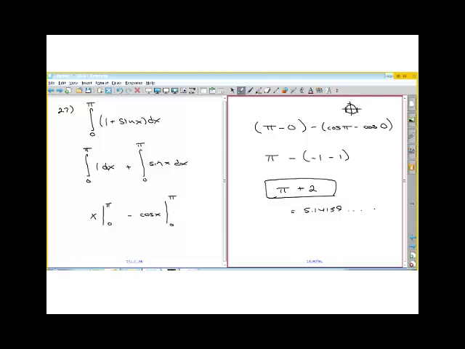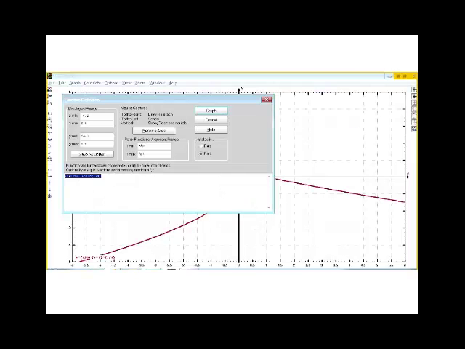So let's go to the graphing program. And where is it? Here it is. So let's plot that: 1 plus the sine of x, and we want to go between 0 and pi.